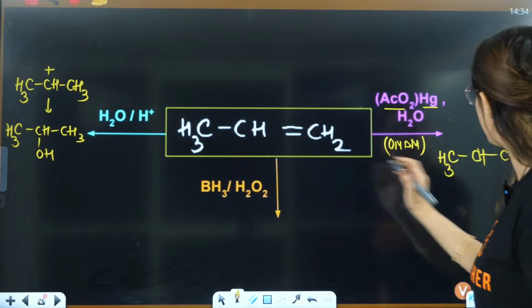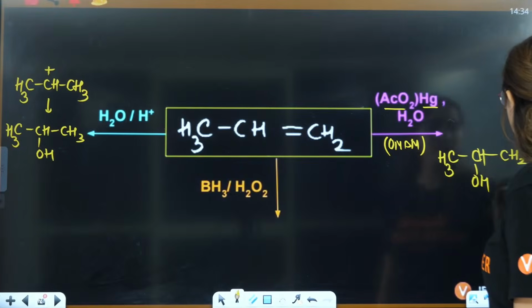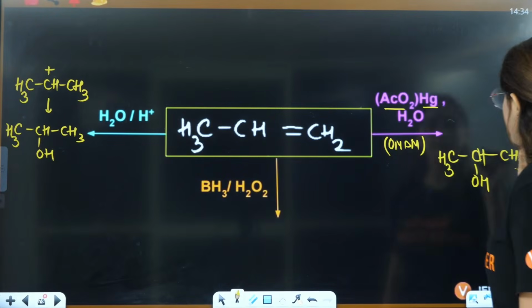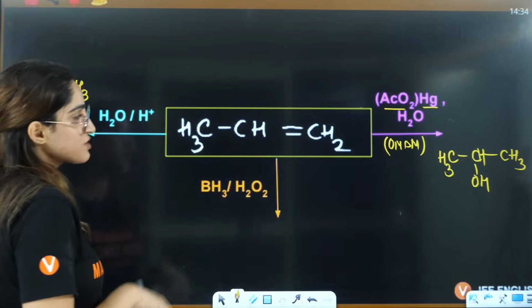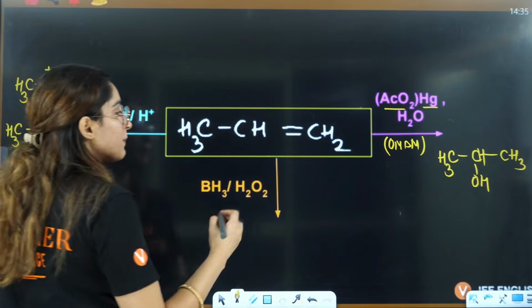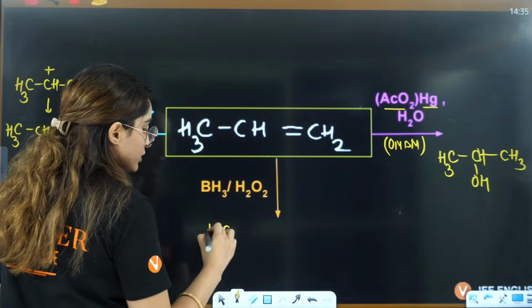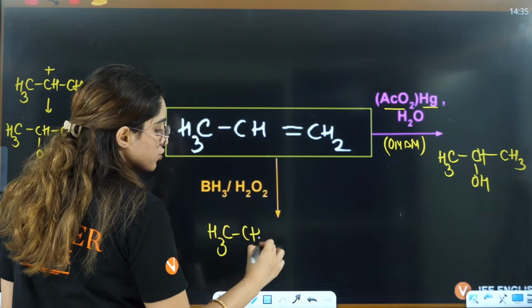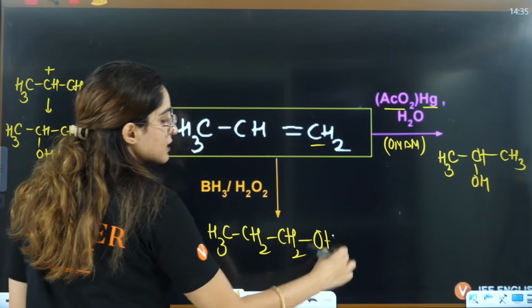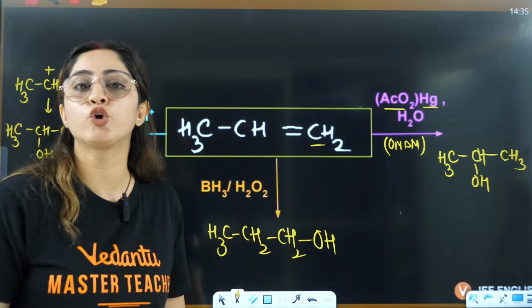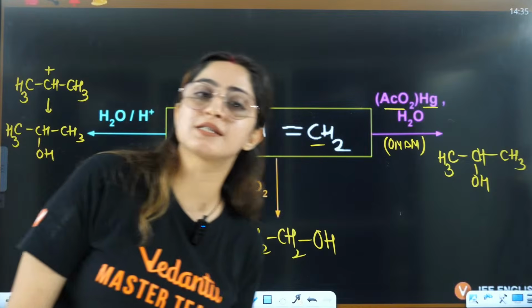So OH is attached to the carbon with fewer hydrogens. If you have hydroboration-oxidation, you directly apply the anti-Markovnikov rule, so OH goes to the terminal carbon, CH3, CH2, CH2, OH.